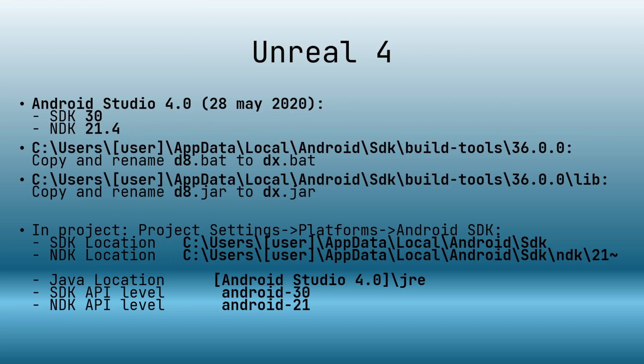In the Build Tools folder, we need to copy the d8.bat and rename the copy to dx.bat, and copy and rename the file d8.jar in the lib folder to dx.jar. Add the NDK, SDK, Java directories and target SDK, NDK inside the Project Settings Android SDK.